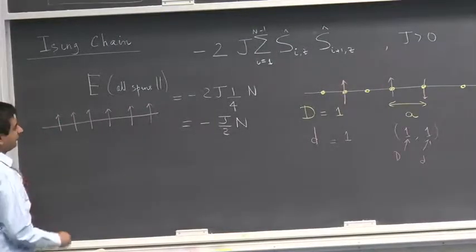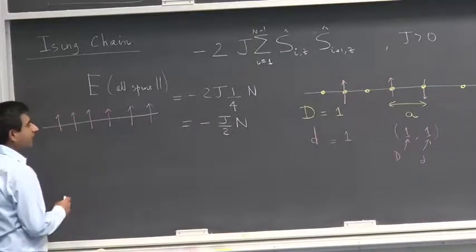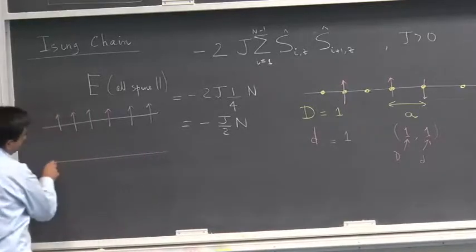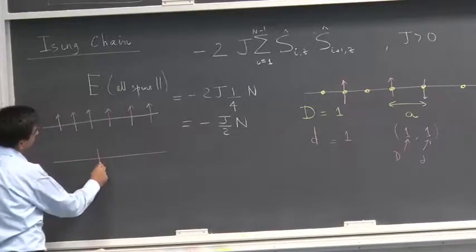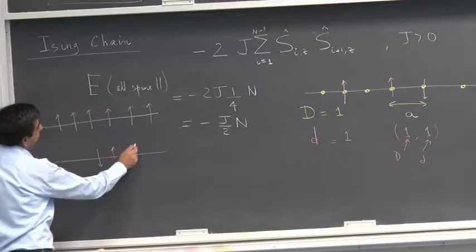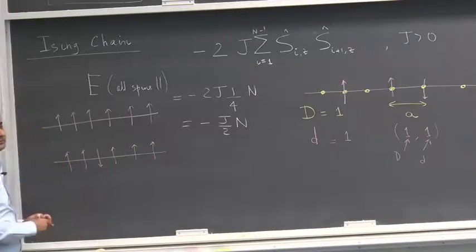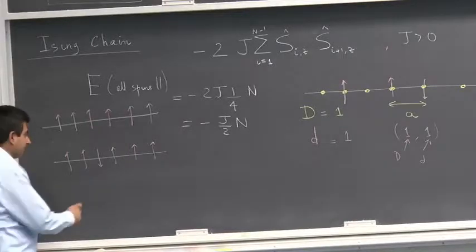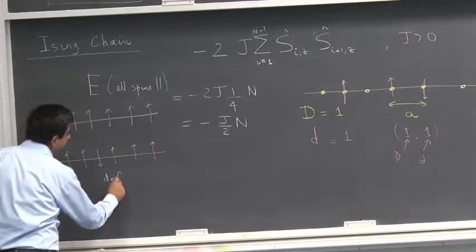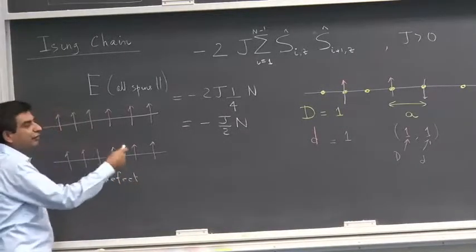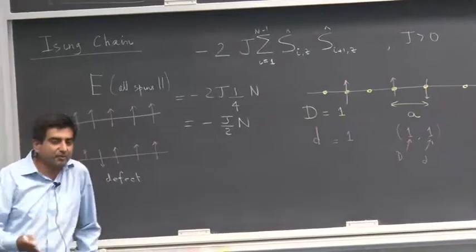Now I would like to find out what's the energy of this system if one of these spins misbehaves and goes in the opposite direction. There's a defect, a magnetic defect. Only one out of the n spins points in the opposite direction.